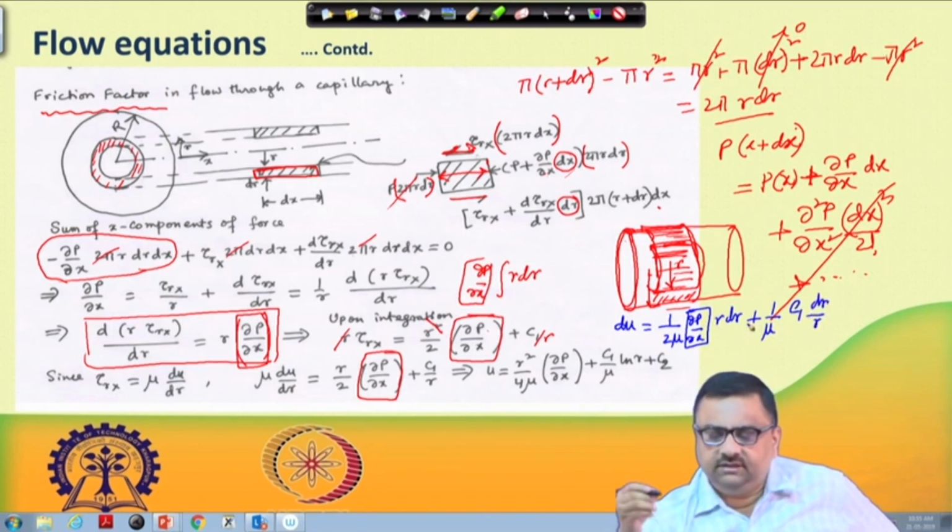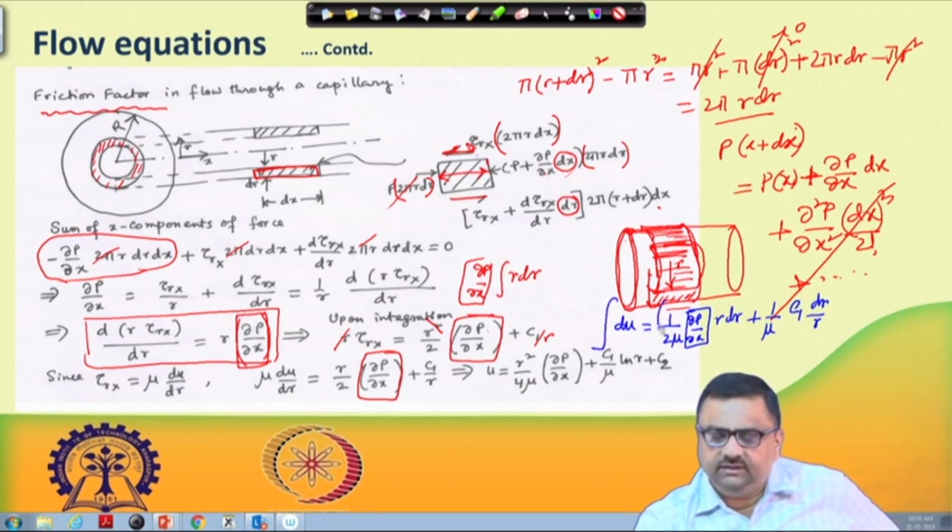This is what you end up with if you break this up, and when you do this integration, there would be a constant of integration term C2.